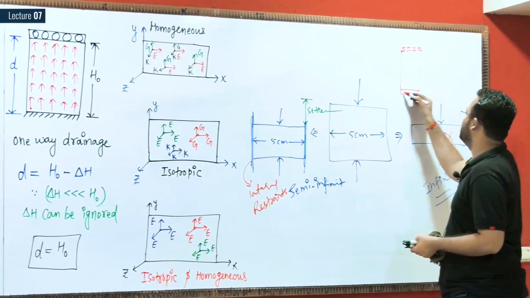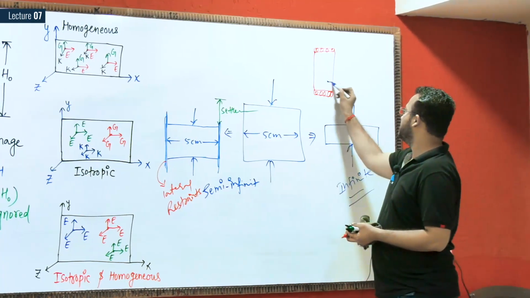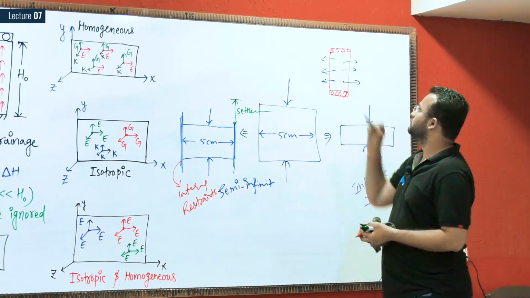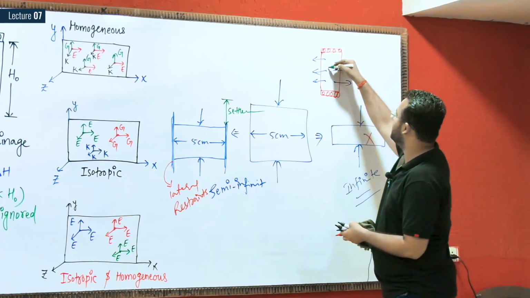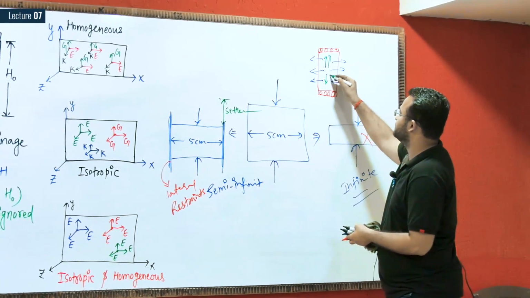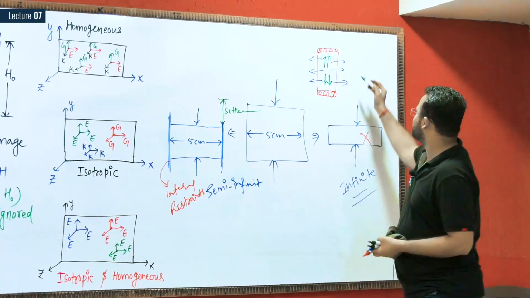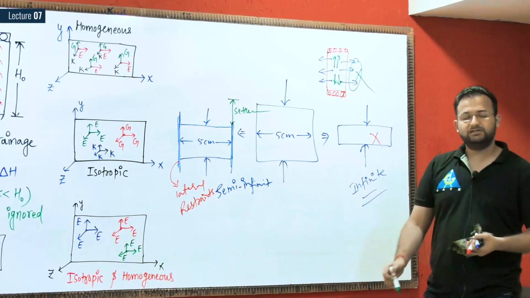Water cannot flow in lateral direction, something like this. Water will flow only in vertical direction, maybe in one way, maybe in two way. So this lateral movement of water is not allowed and it is not possible.